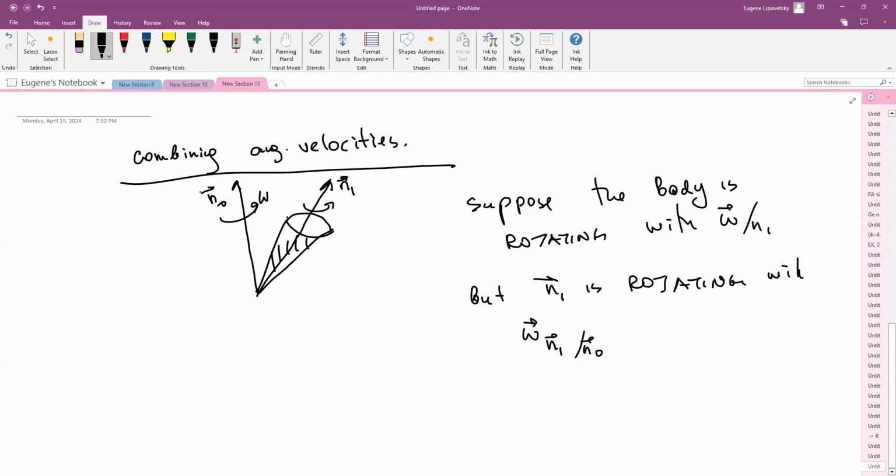Then the resultant angular velocity equals omega relative to N1 plus omega of N1 relative to N0.